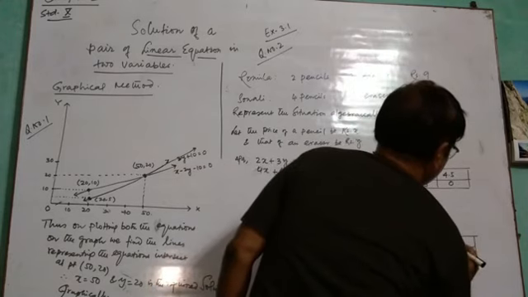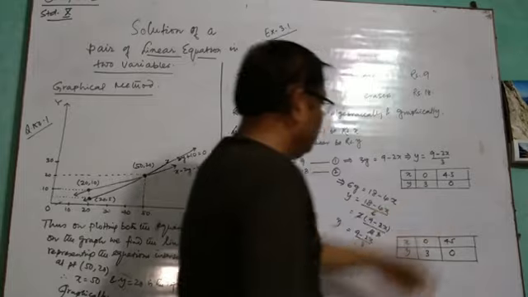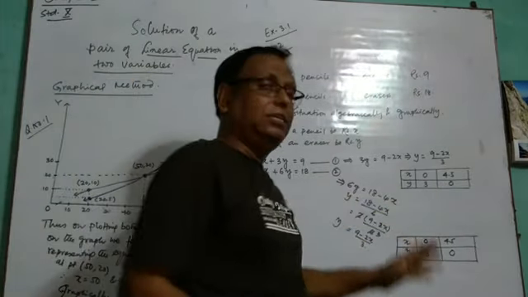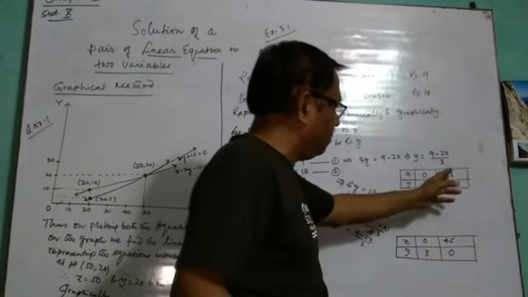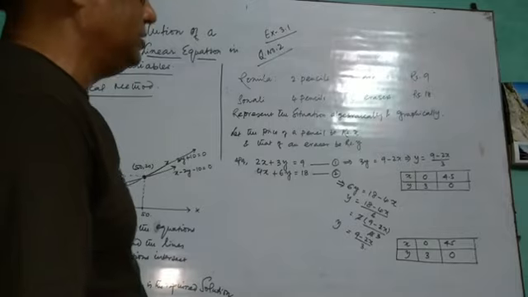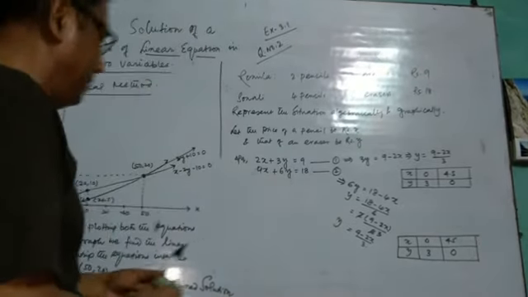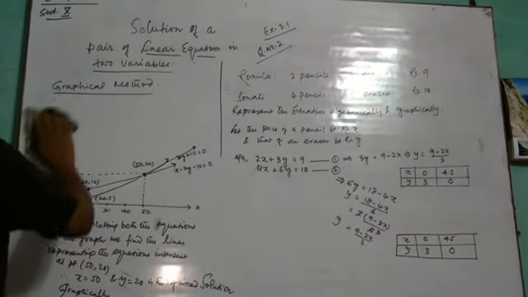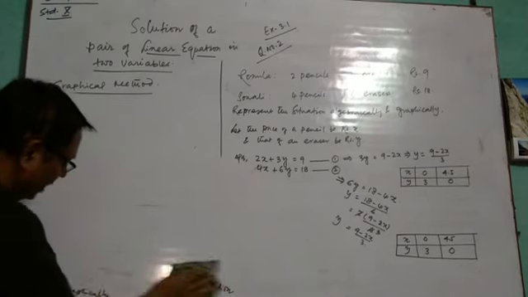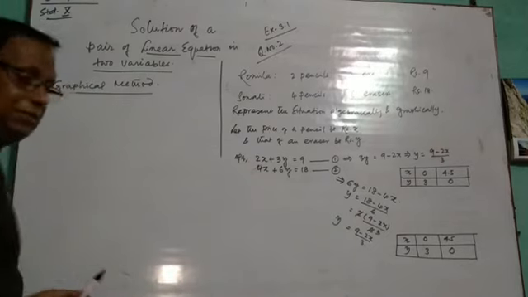If you put 4.5, you will get 0. Same set of values. 0 and 3 is satisfying, as well as 4.5 and 0. So the given 2 equations are basically the same equation, and hence the system of equations will represent overlapping, coincident lines.